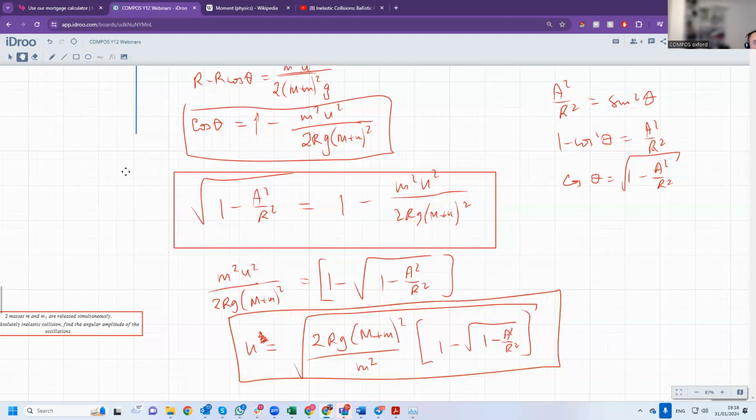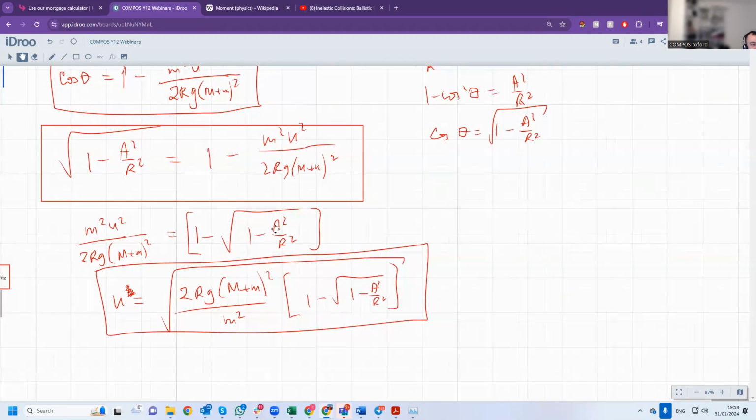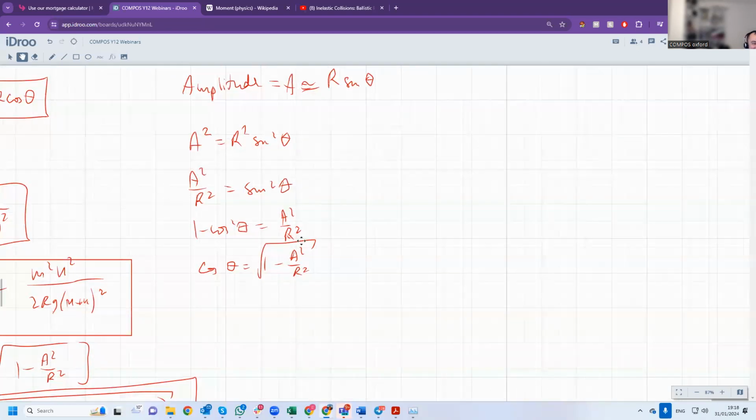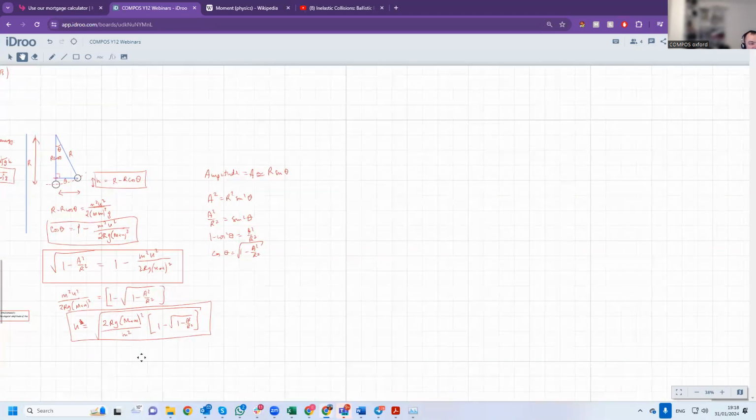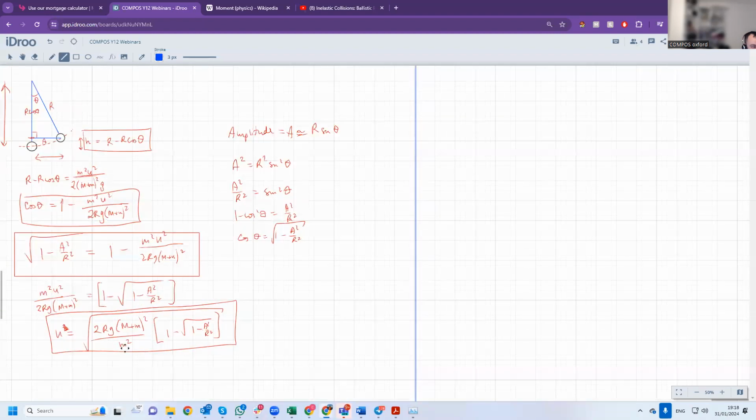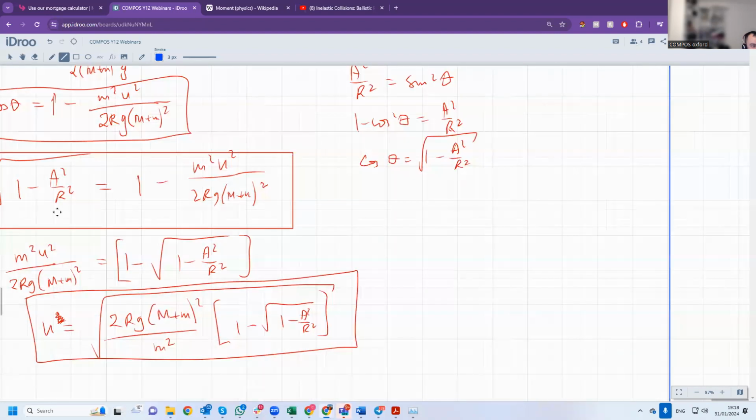I mean, it's not ideal, but alternatively, you can do it with numbers. But this formula, that's the beautiful thing. You give this formula to a monkey and they can do it, right? People don't need to know physics.